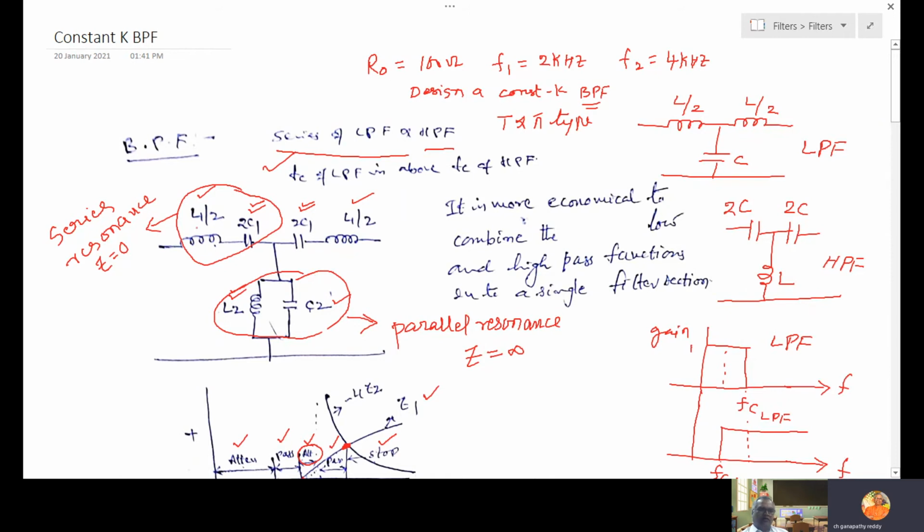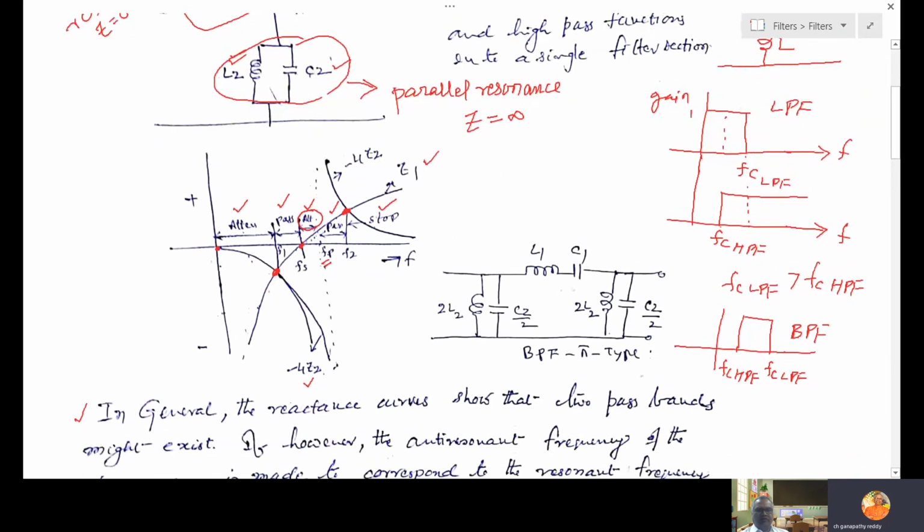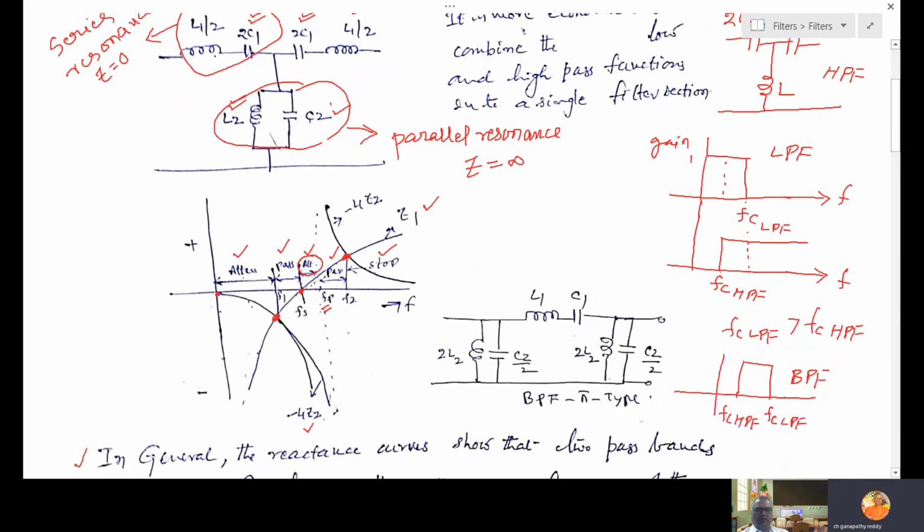But remember, here you have to write L1 by 2, 2C1, 2C1, L1 by 2, and here L2, C2, same structure. If they ask pi type, L1 by 2 and L1 by 2 become L1, and 2C1, 2C1 becomes C1. Here 2L2, C2 by 2, 2L2, C2 by 2. This is the band pass filter pi type.